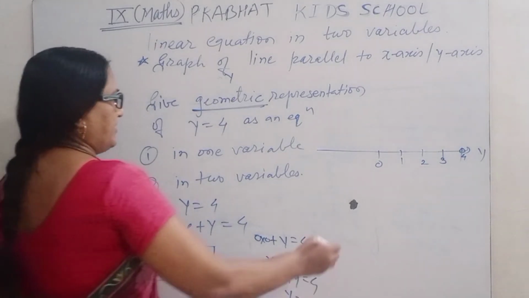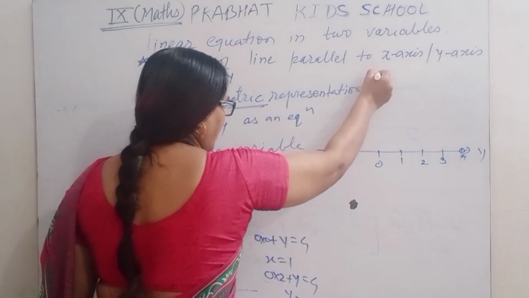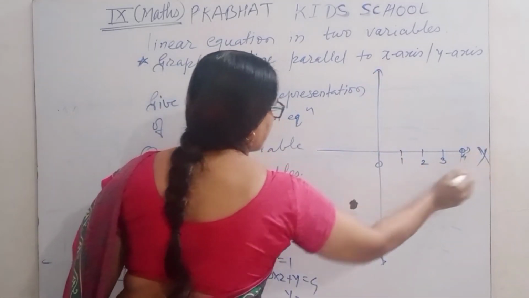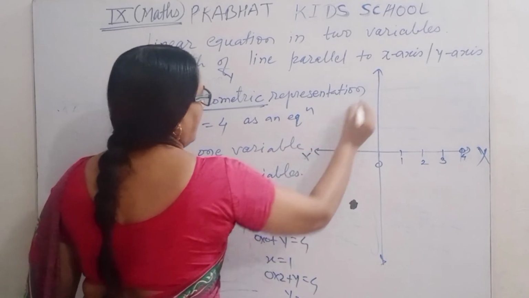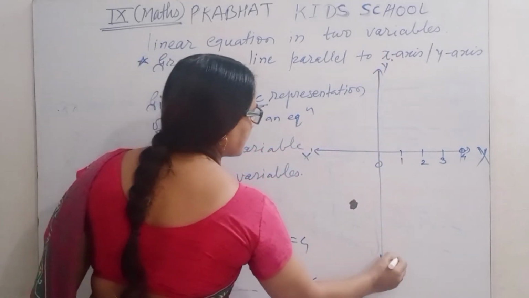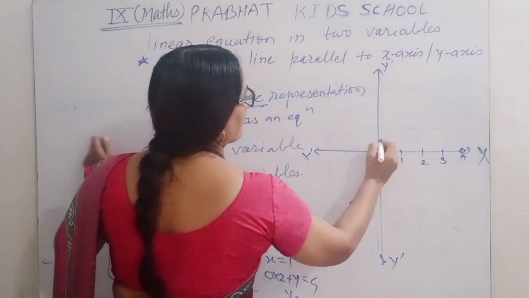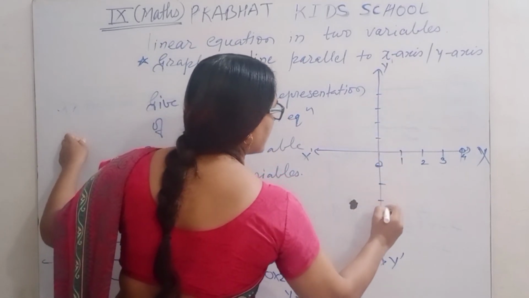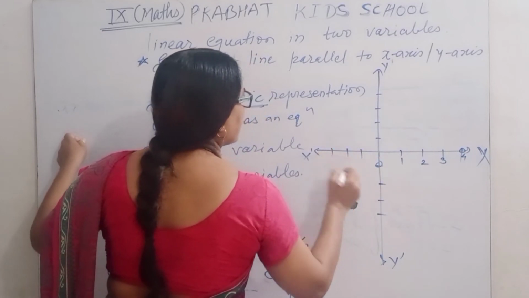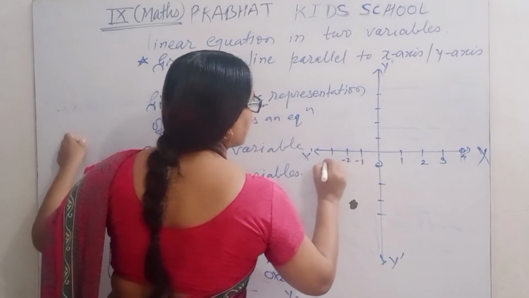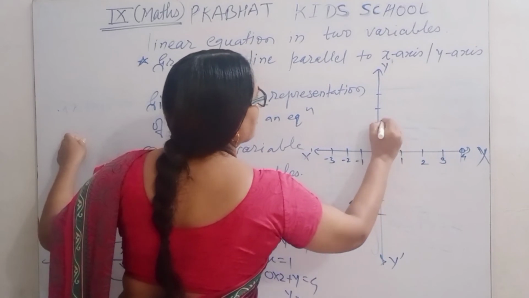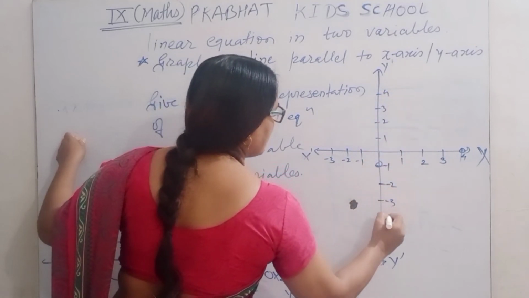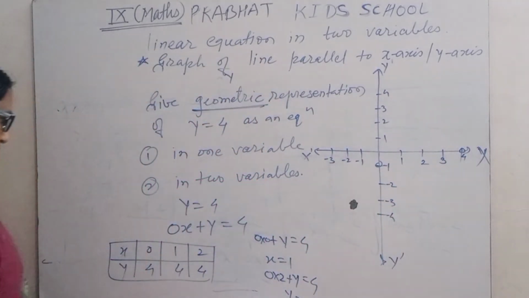Now, plot these points on the Cartesian plane. This is our x-axis and y-axis. So, 1, 2, 3, 4, and minus 1, minus 2, minus 3, minus 4. Now we are plotting points.